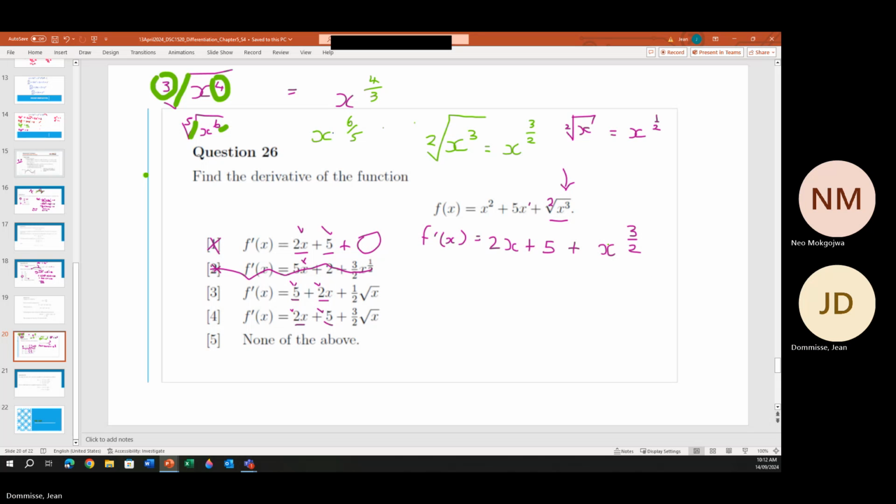So now it's much easier to differentiate that, because now it is 3 over 2 that goes to the front.